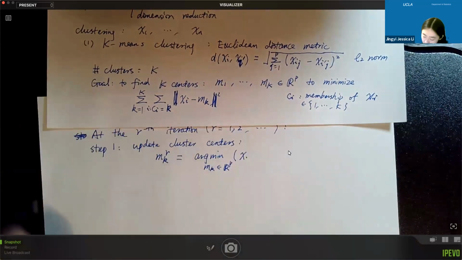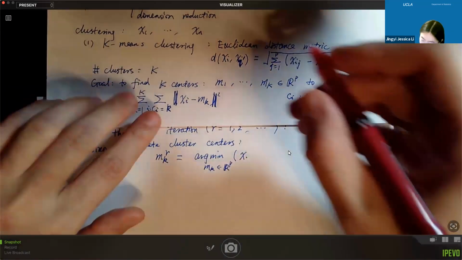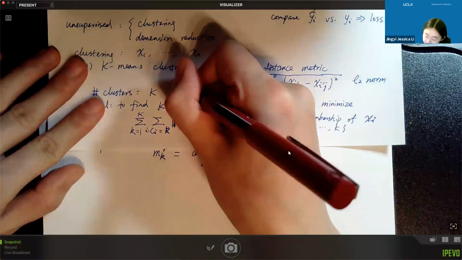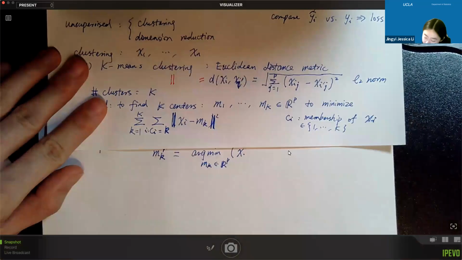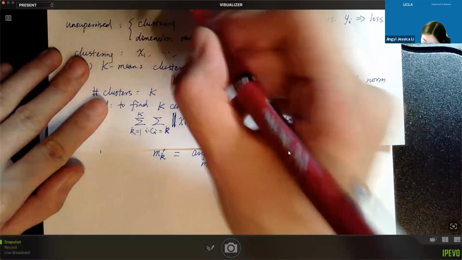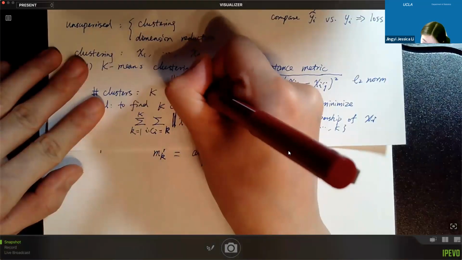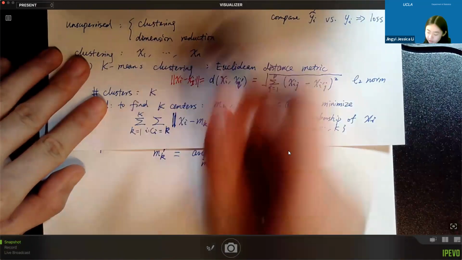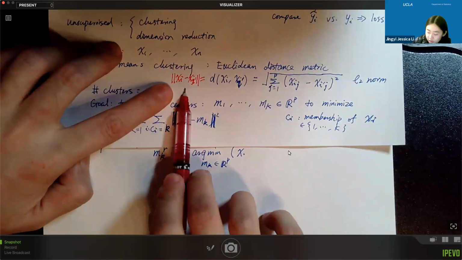So this norm can be written with double vertical lines. It means the L2 norm. So ||x_i - x_i'|| is the notation for this Euclidean distance.